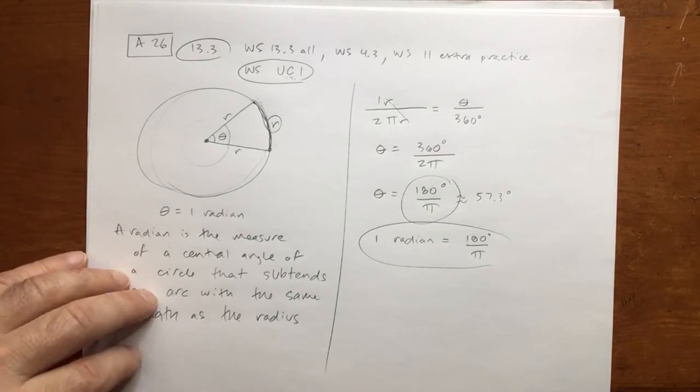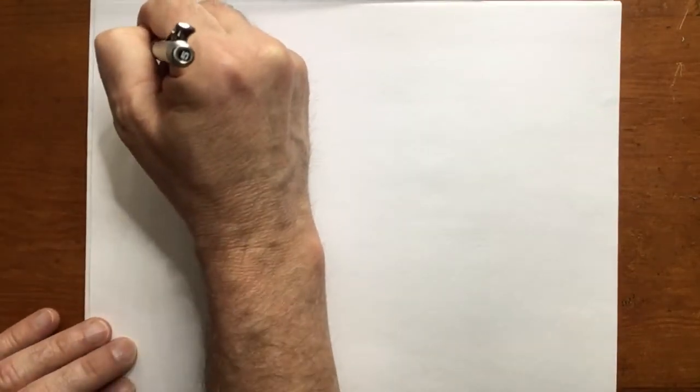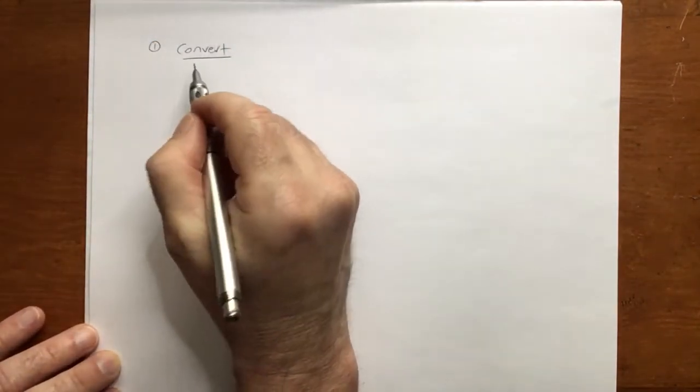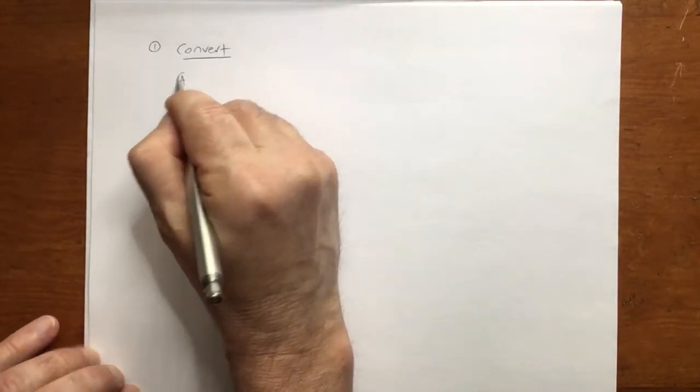So let's go ahead and practice that. Let's make this problem 1. And it's convert 360 degrees. Since it's in degrees, I want how many radians are in one full circle.